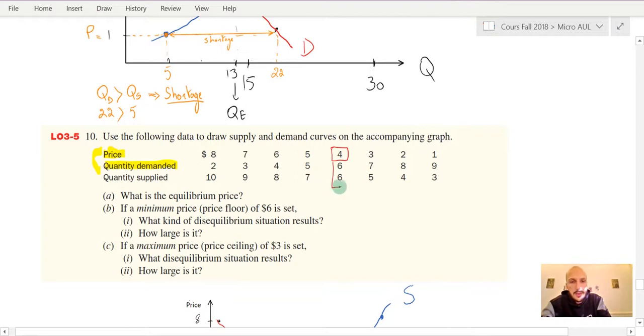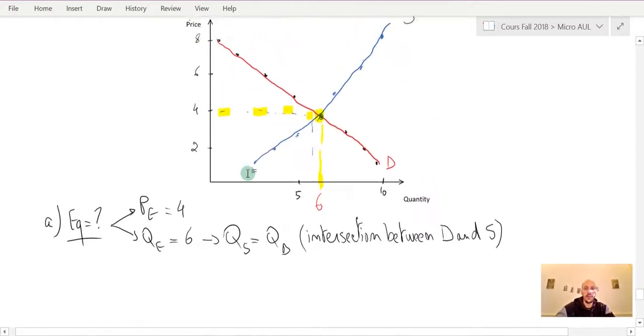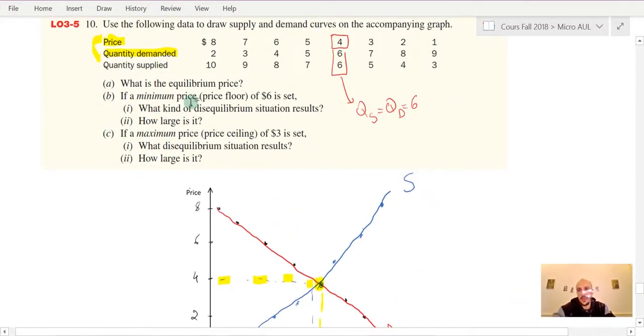You can see that at price equal 4 you have the quantity supplied equal to the quantity demanded. So again, we can find out the equilibrium from this table here, because at price equal 4, we have the quantity demanded equal the quantity supplied equals 6. Great. So we have found the equilibrium here for the first question.